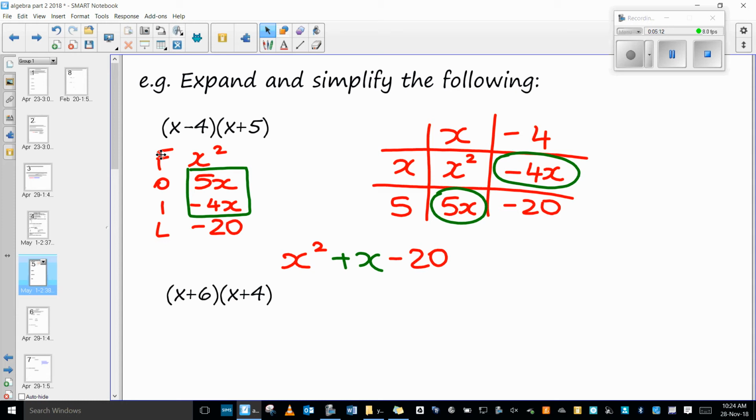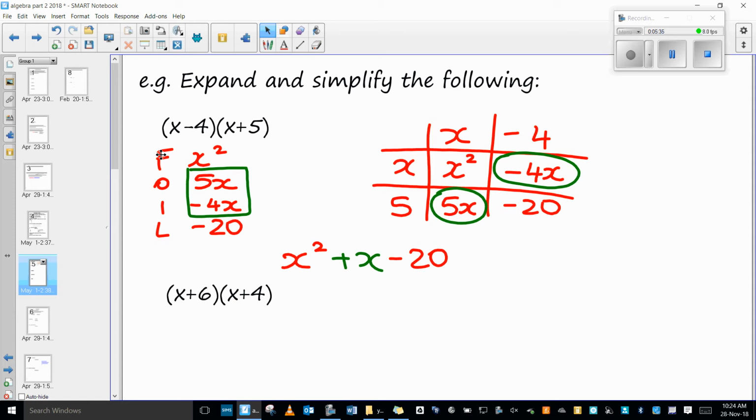What about the negative sign? So the 5 take away 4. Yeah? That's it? Well, you join them together, so it depends what sign they have. So this was a positive 5, and we had a negative 4. So when we join those together, it's 5 take away 4.